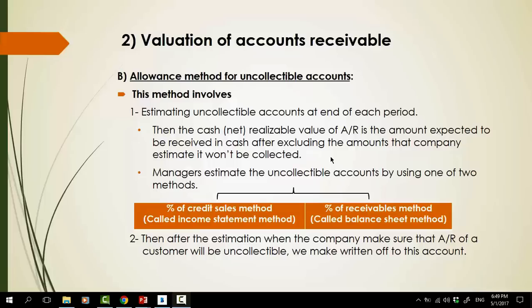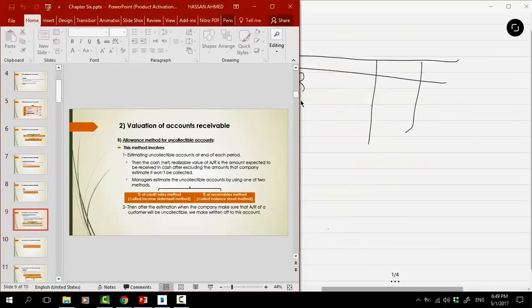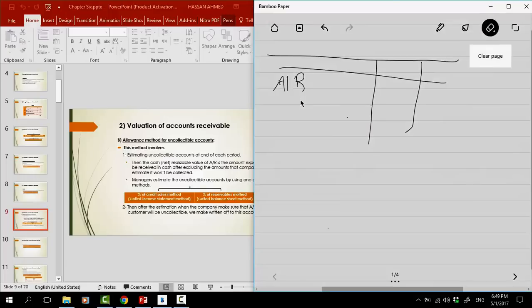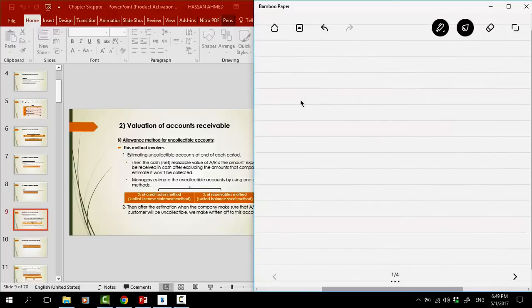For example, assume that the accounts receivable at the end of the year, reported in the balance sheet in the current assets section, is $100,000.